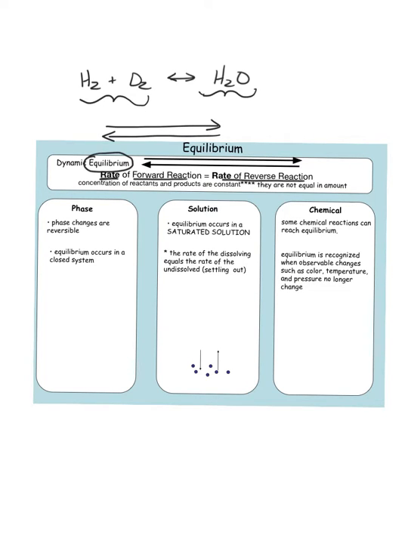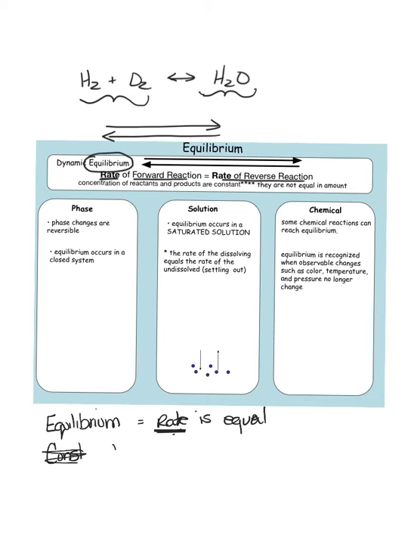Okay, so you have to remember, when you have equilibrium, let's get a pen again. This is the important part. Rate is equal. Rate, that's the speed. So the speed going forward and the speed going reverse is equal. The other thing you have to remember is that concentration is constant.